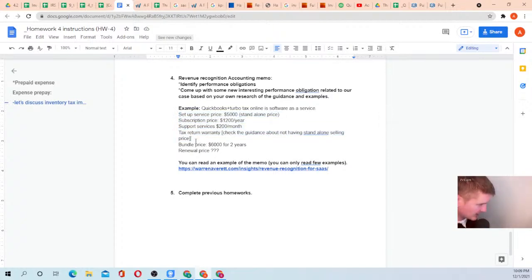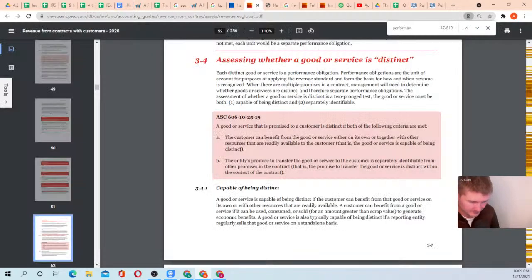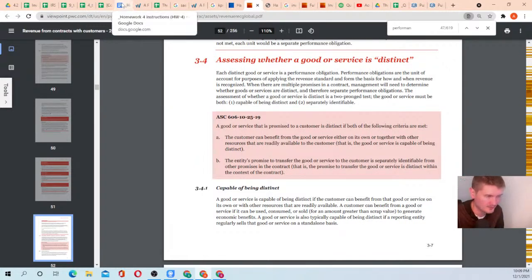Now we need to figure out if those promises are distinct from each other. So the customer should be able to benefit from this good or service on its own or together with other resources that are readily available to the customer. So your customer should be able to get some benefits from whatever we are selling him.